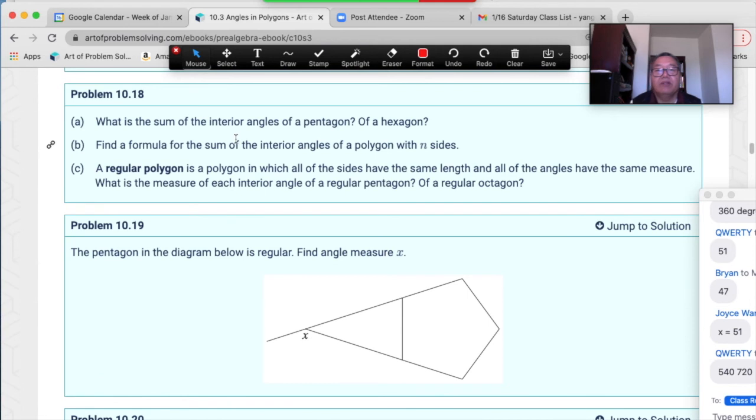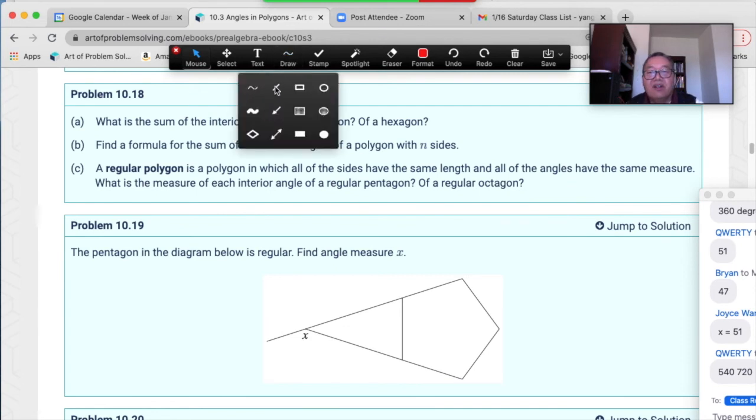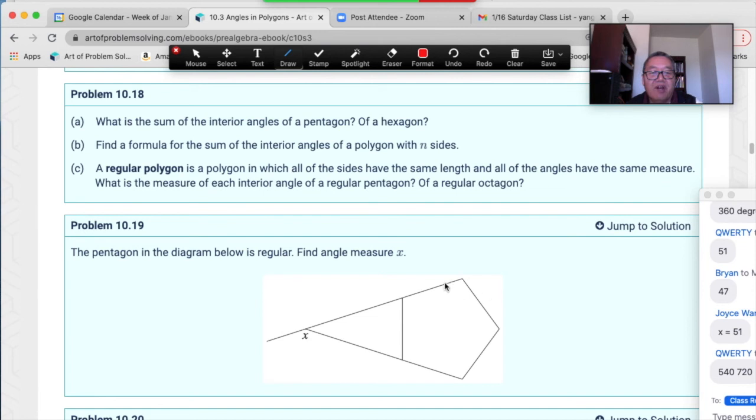18, part A: what is the sum of interior angles of a pentagon? Pentagon, we already know that, right? So how can we find the measure of, let's say, this shape, 1, 2, 3, 4, 5?